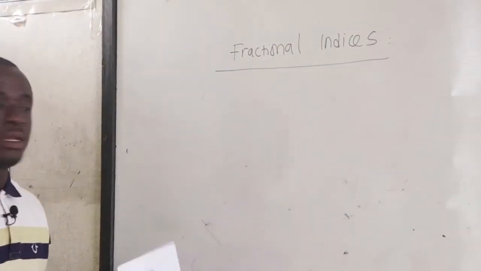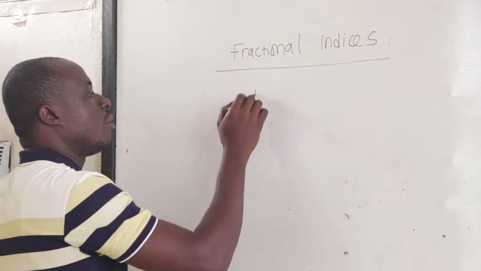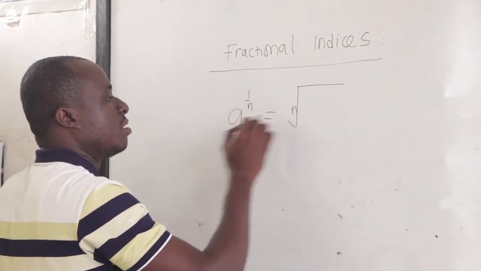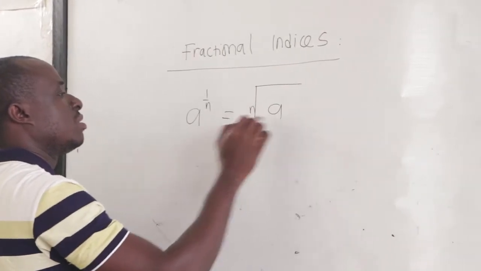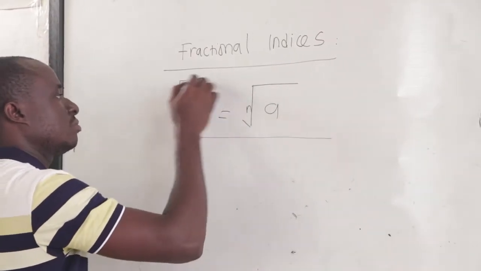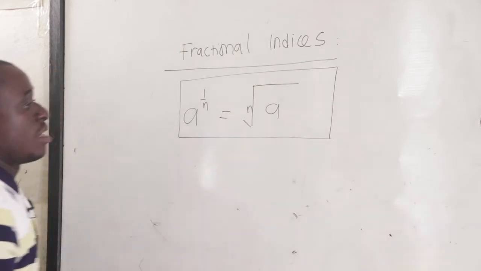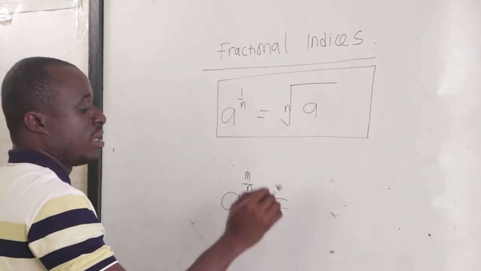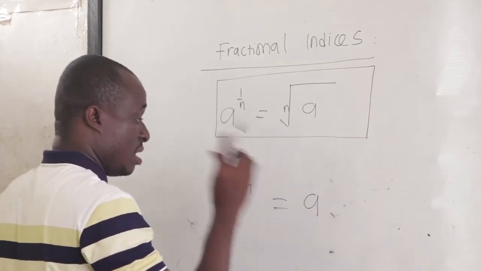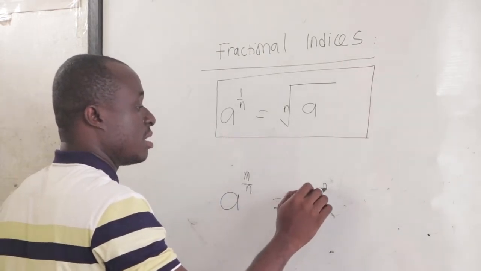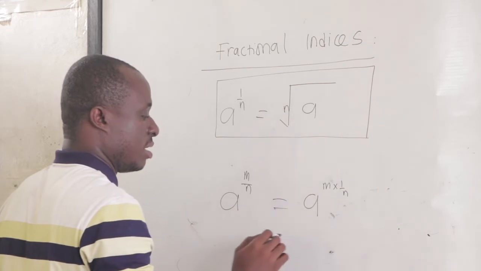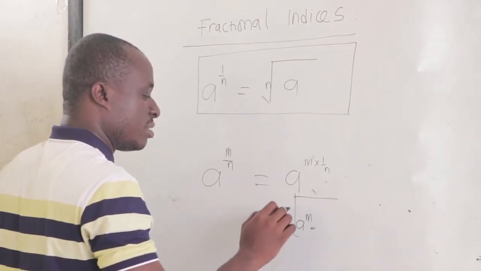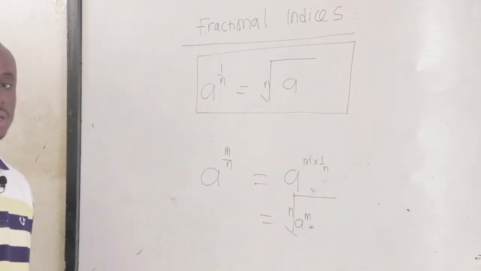Now fractional indices. So if you have a to the power 1 over n, this is just the same as the nth root of a. And then also if you have a to the power m over n, we can write this as a to the power m times 1 over n. This is the same as the nth root of a to the power m.